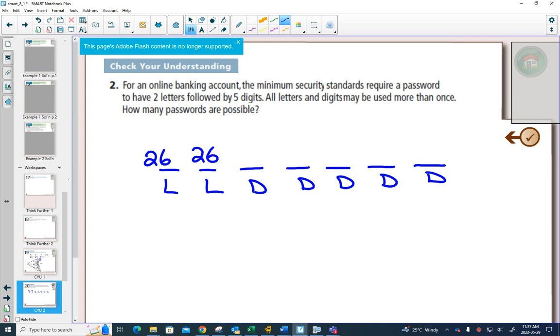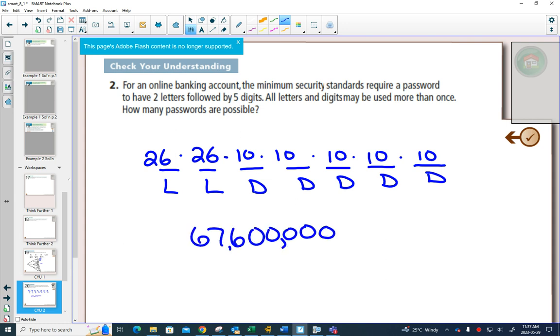How many digits are there? 10, right? 1 to 9 plus 0 gives us 10 choices there, 10 choices there, 10 choices there, 10 choices there, 10 choices there. And if we multiply these all together, we get 67,600,000.